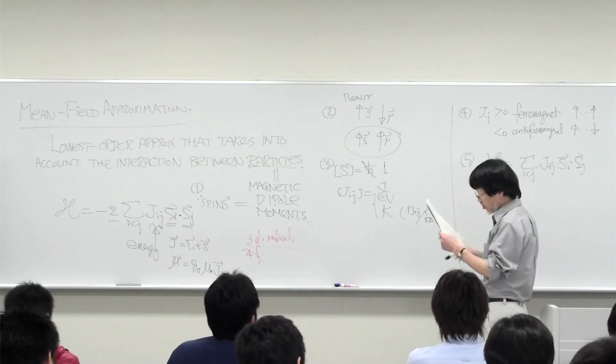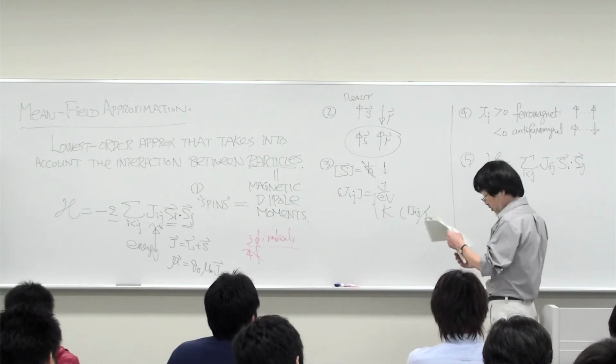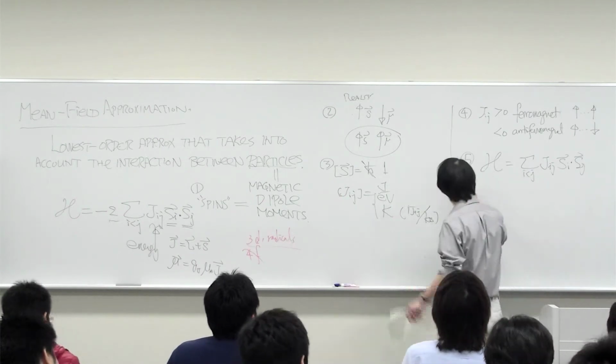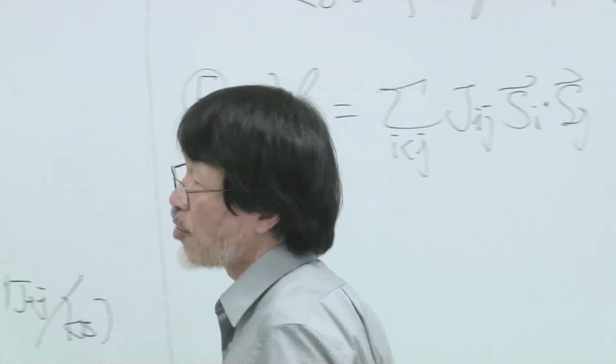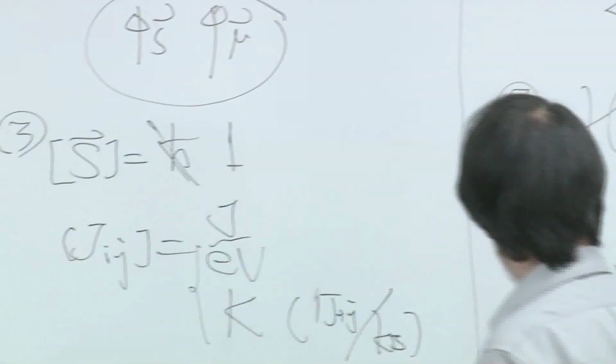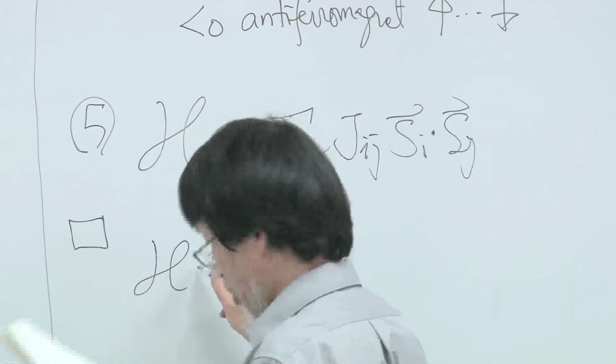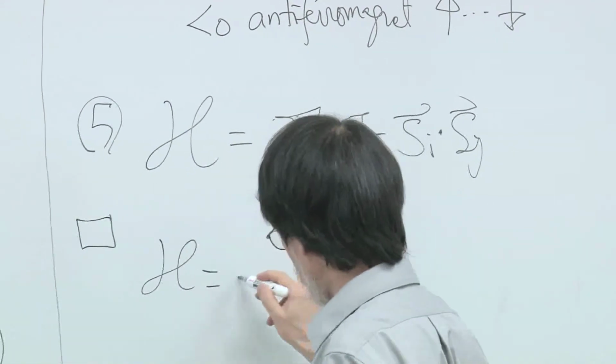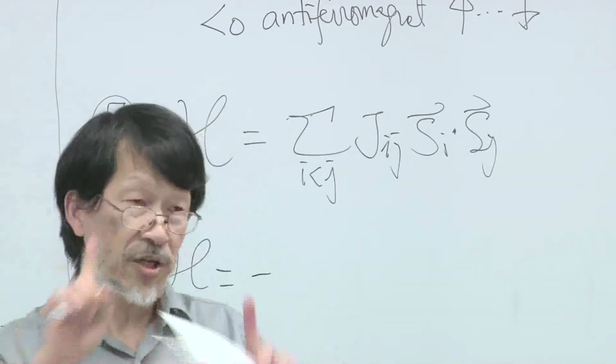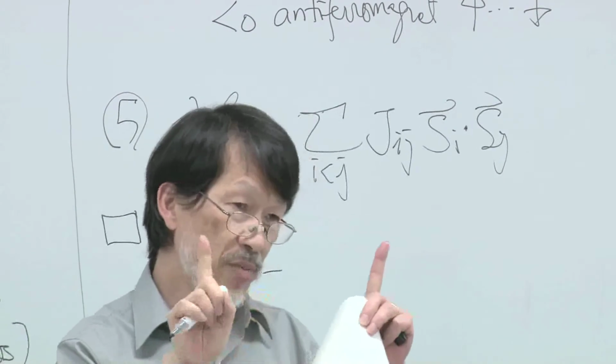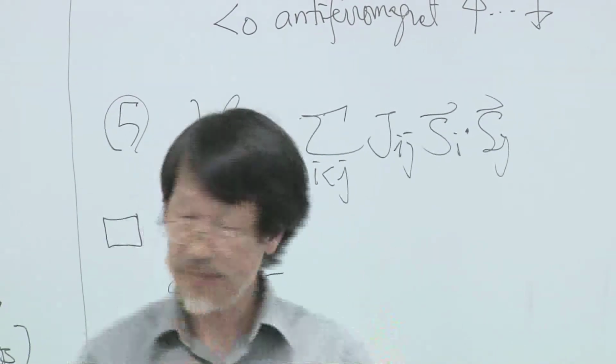So let's go on to do the mean field approximation. Now we're just going to rewrite this Hamiltonian with no approximation at this point. Of course, you can write it if only the nearest neighbor magnetic dipole moments interact with each other. Okay?